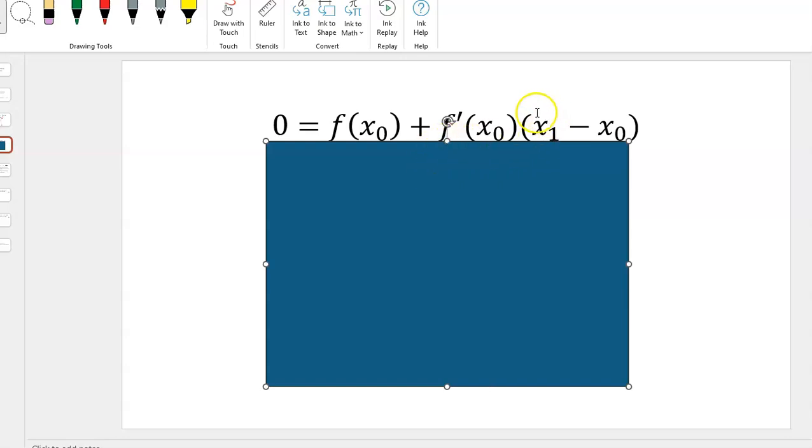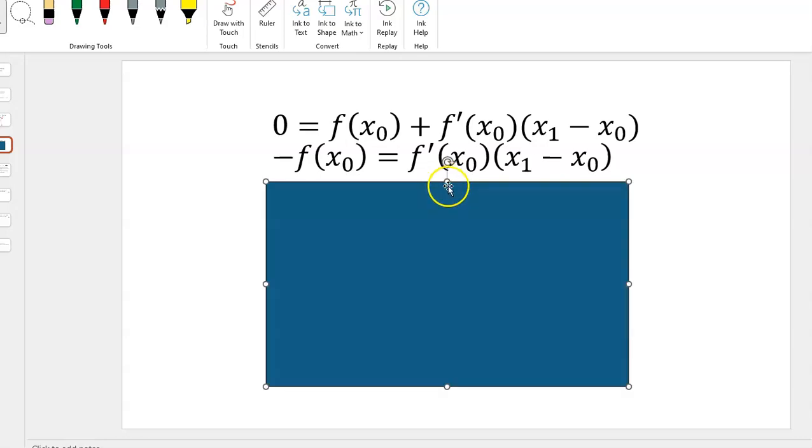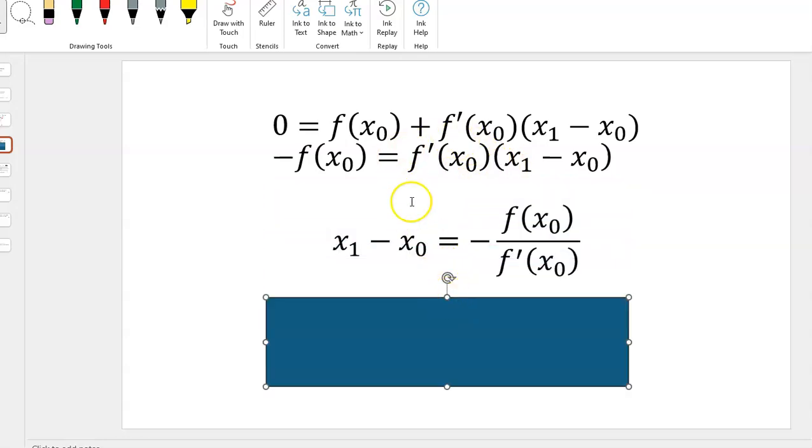What I'm going to do is try to get x1 by itself, and you'll see why in just a moment. In order to get x1 by itself, I would need to take away this f of x sub 0. Still want to get rid of this f prime, so I'm going to divide by that on both sides. And here's what that looks like.